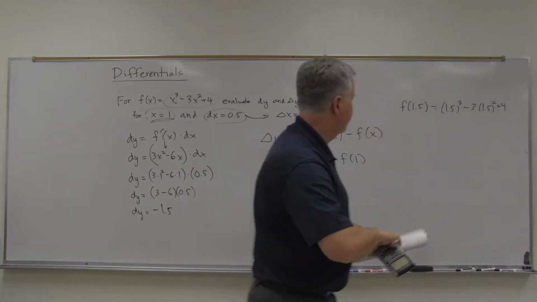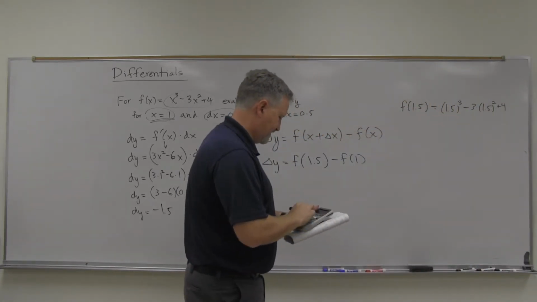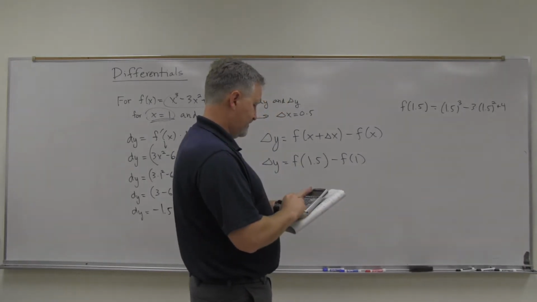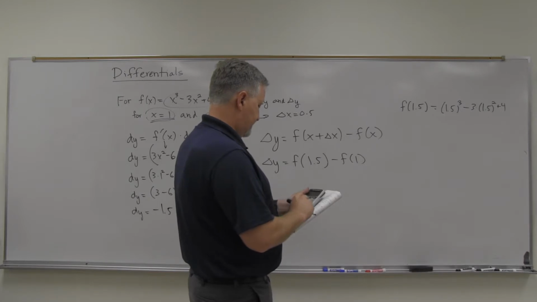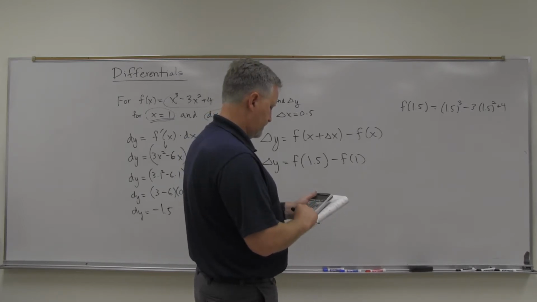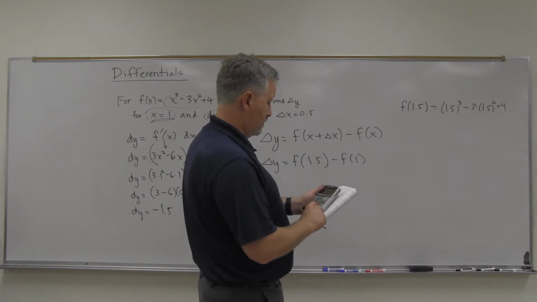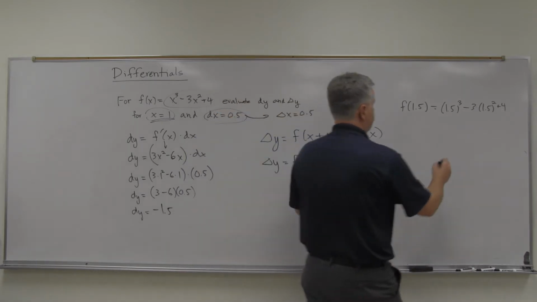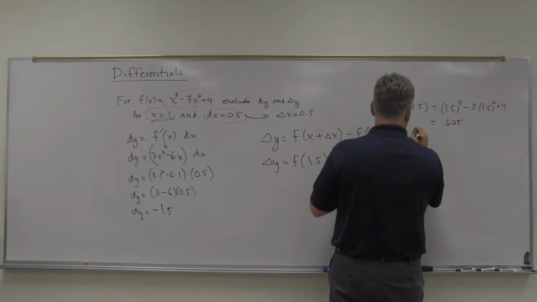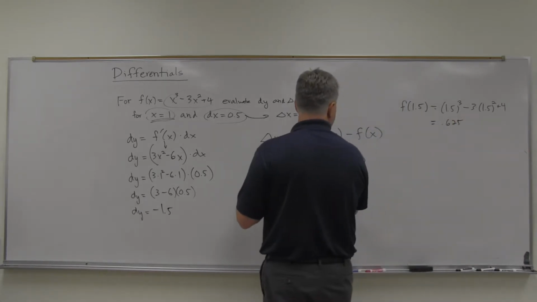Definitely not going to trust myself. Anyway, multiply. All right, so 1.5 cubed minus 3 times 1.5 squared plus 4, I get 0.625 for f of 1.5.